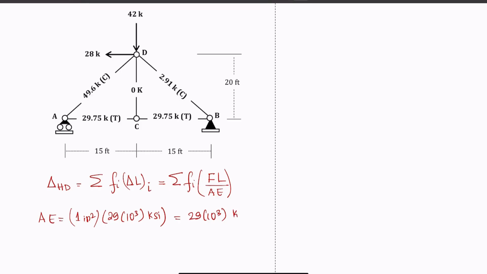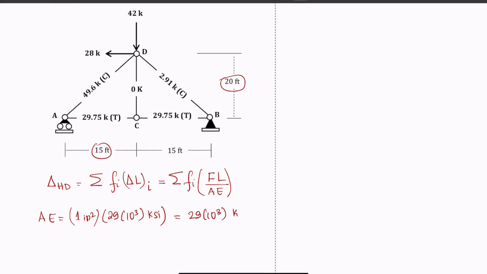That will be your AE value. For the length, we know this is 15 feet and this CD is 20 feet. So using Pythagoras theorem this has to be 25. That means the length AD and length BD has to be 25 feet. So we know the length, we know AE.